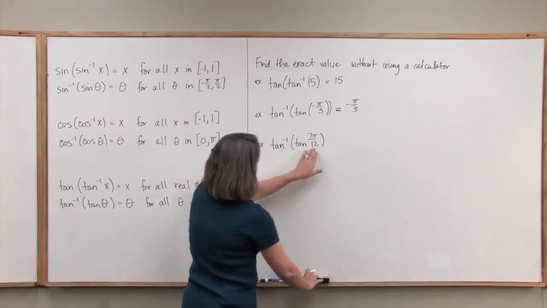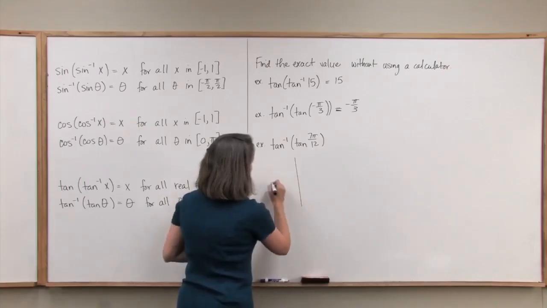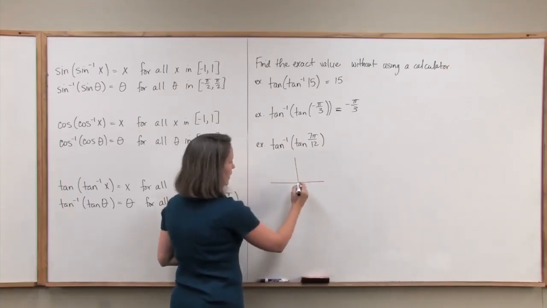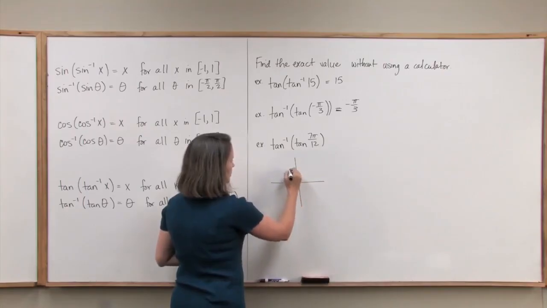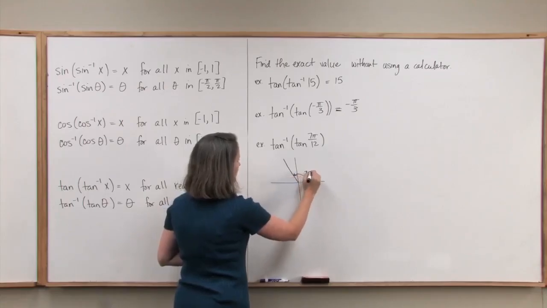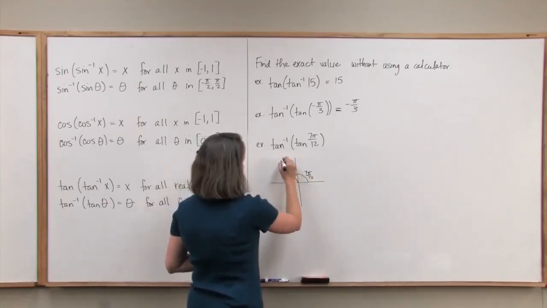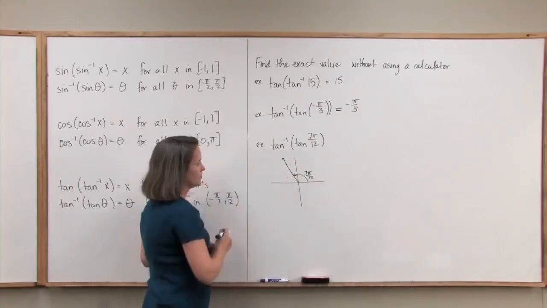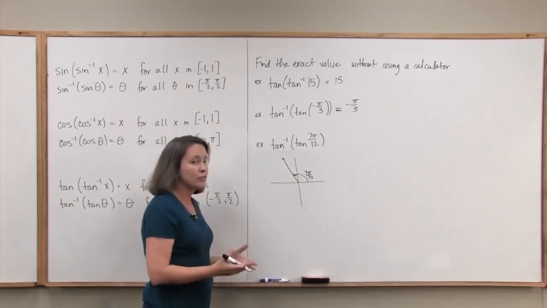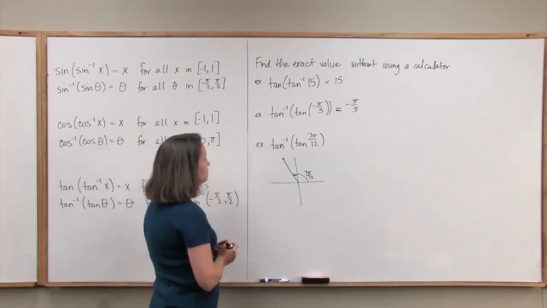So we said 7 pi over 12 is a little bit bigger than pi over 2. So 7 pi over 12 has its terminal side in quadrant 2. Well, I know a couple of things about angles in quadrant 2.